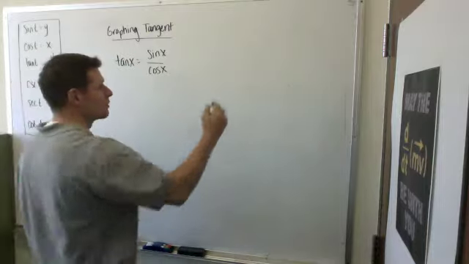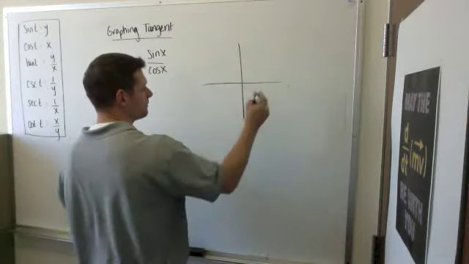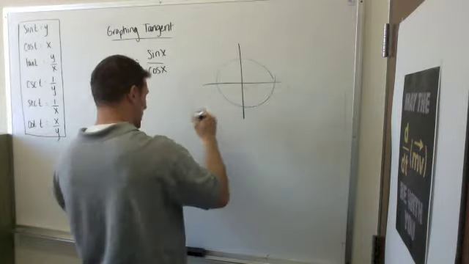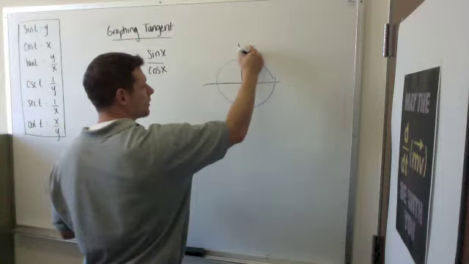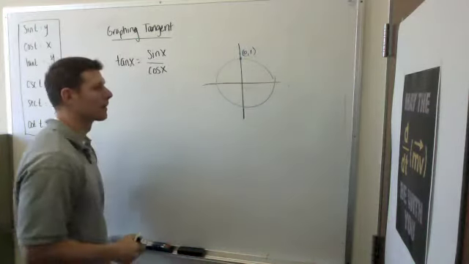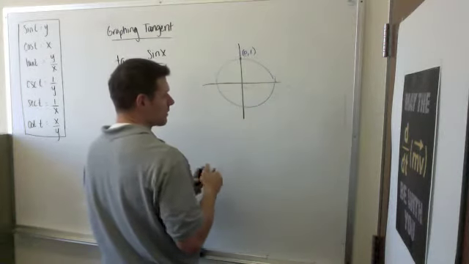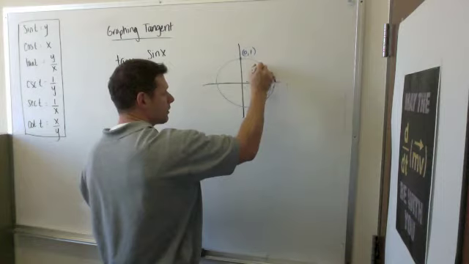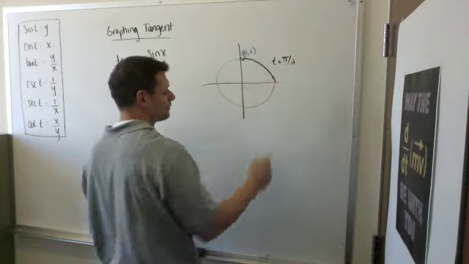Well, if we have the unit circle, at this point right here, that's the point 0, 1, and this is some t value. This t value from here to here, that's t equals pi over 2.